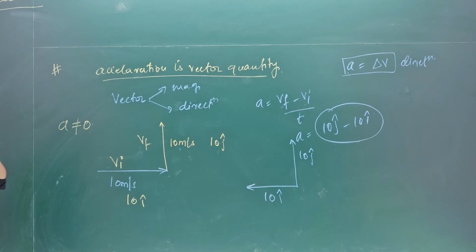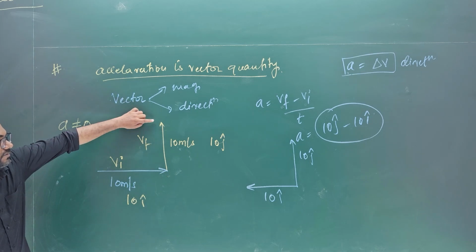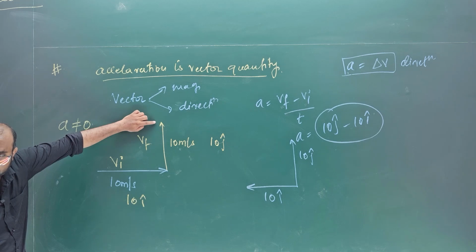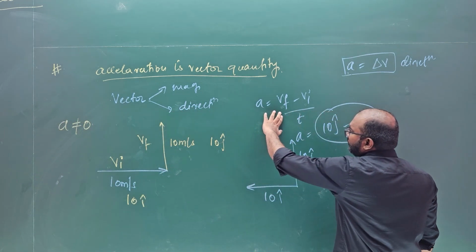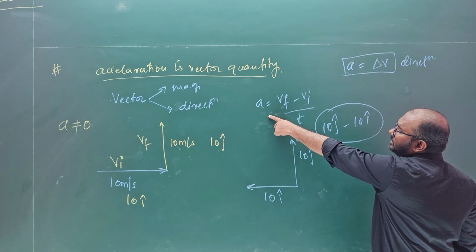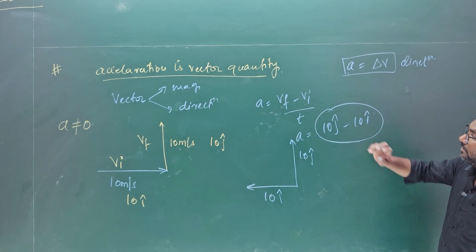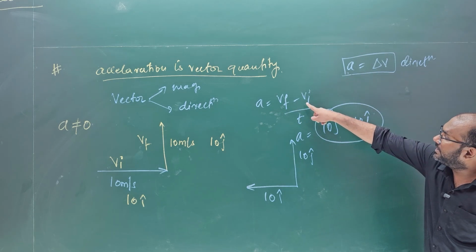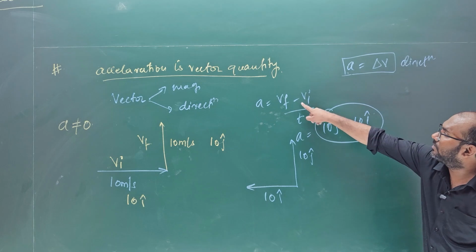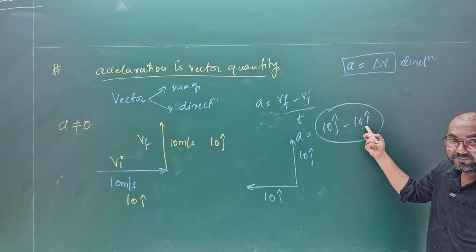Initially, this is the initial velocity direction, then this is your final velocity direction. Now when we substitute in our formula, what is our formula? Acceleration is nothing but change in velocity with respect to time. Then v final is 10 j cap, v initial is 10 i cap. This negative sign is applicable to this, right?